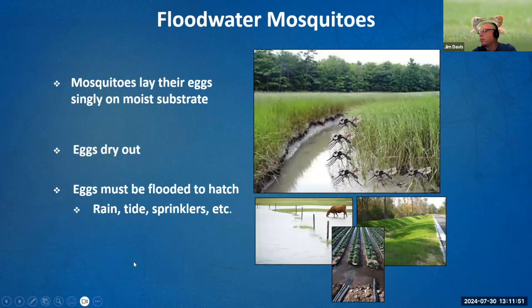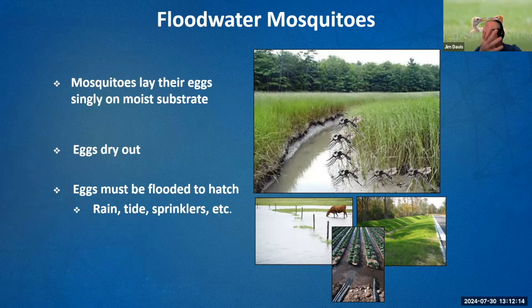All right, so we have different types of mosquitoes. Here we have what are called floodwater mosquitoes. We have three main categories of mosquito species based on the aquatic habitat they develop in: floodwater mosquitoes, permanent water, and container mosquitoes.